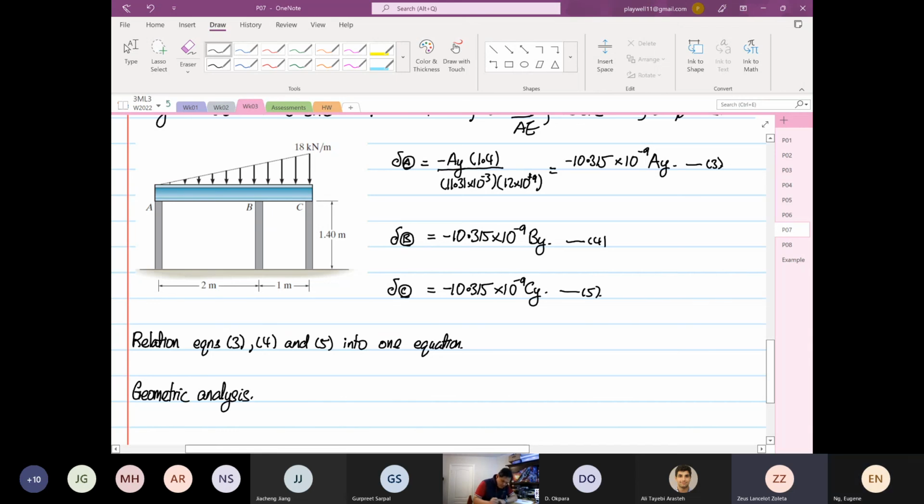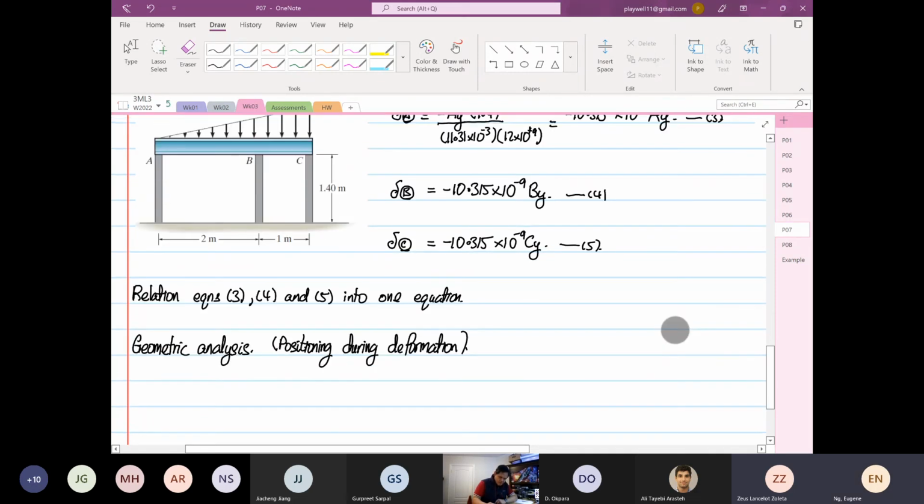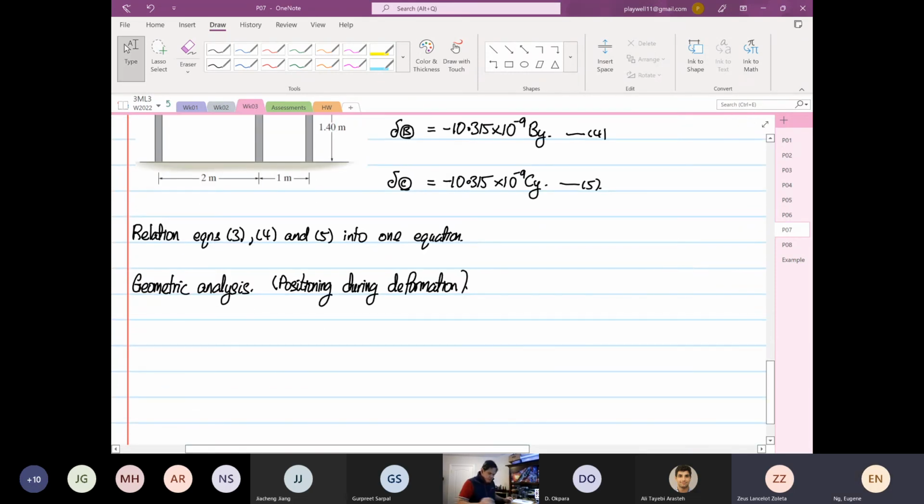Okay. So this is basically based on positioning during deformation. It's just positioning based on deformation. So I'm going to copy the diagram again.